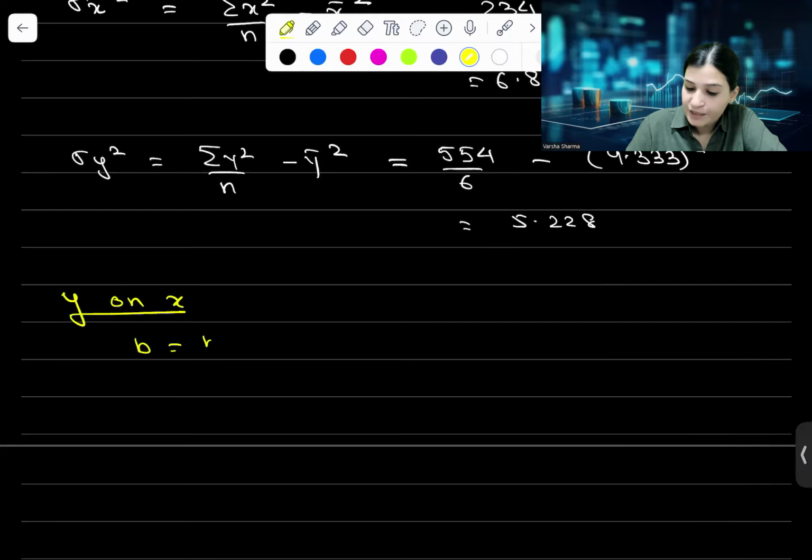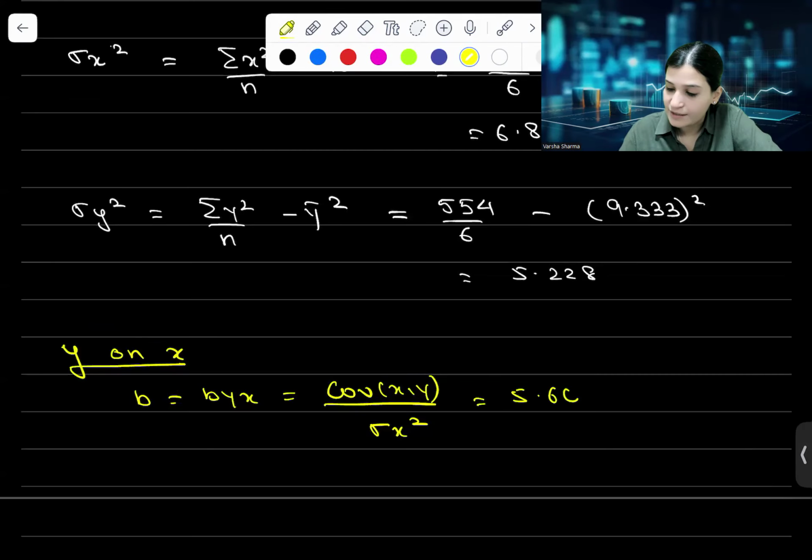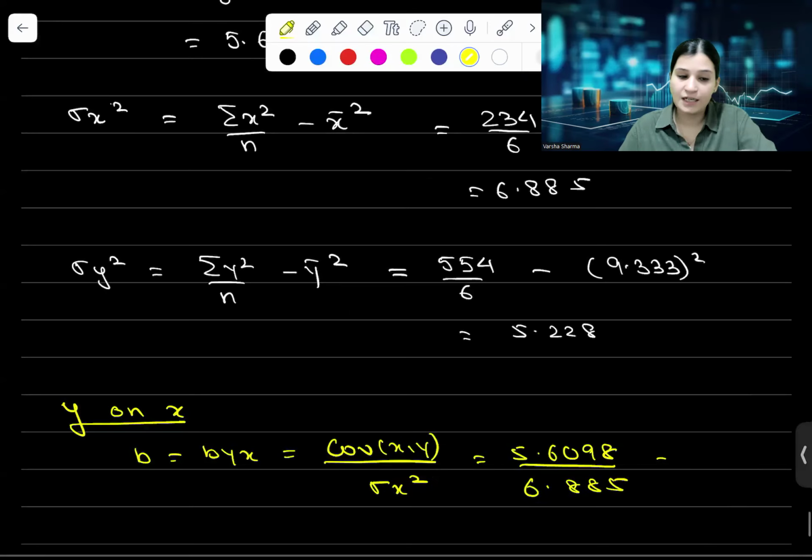So b, or byx, was covariance of x by variance of x. So covariance was 5.6098 divided by 6.885. Answer: 0.814.